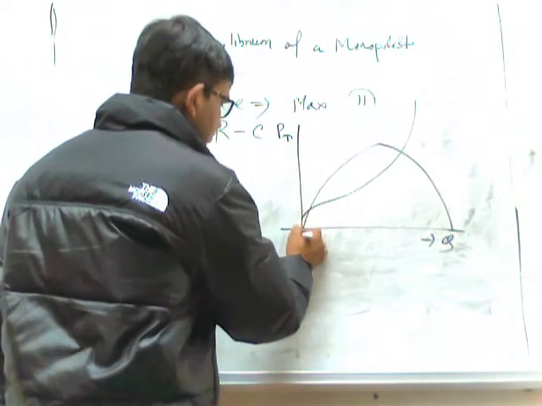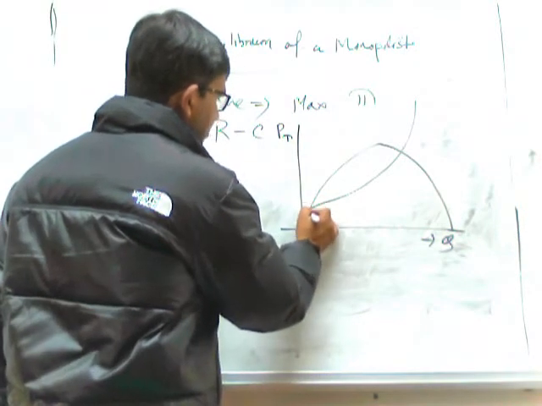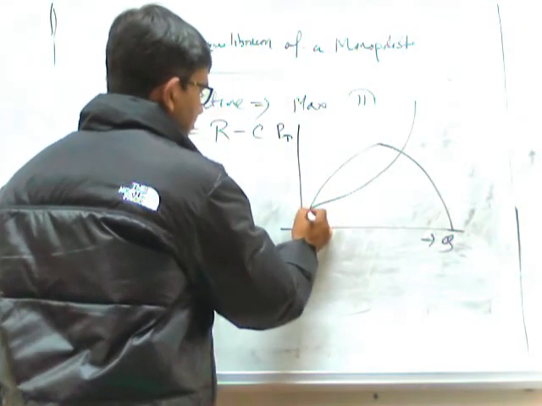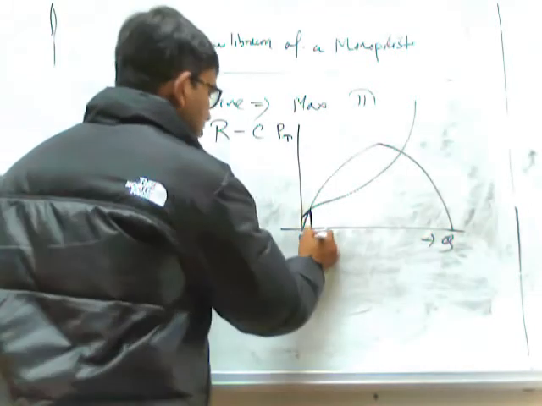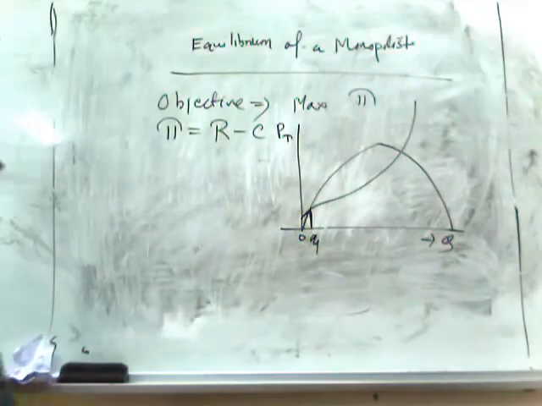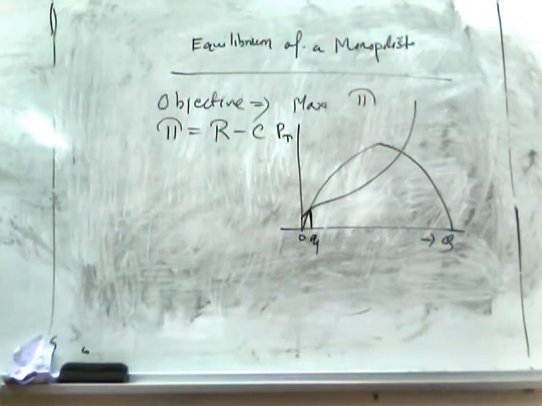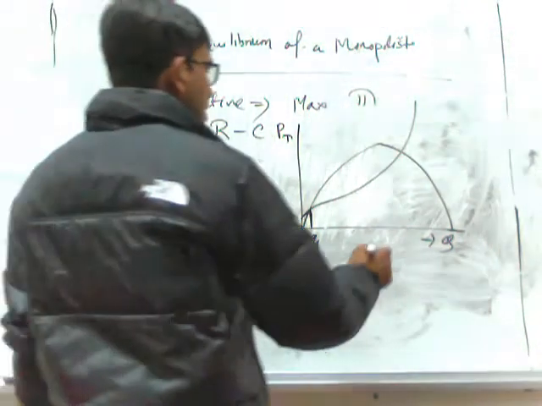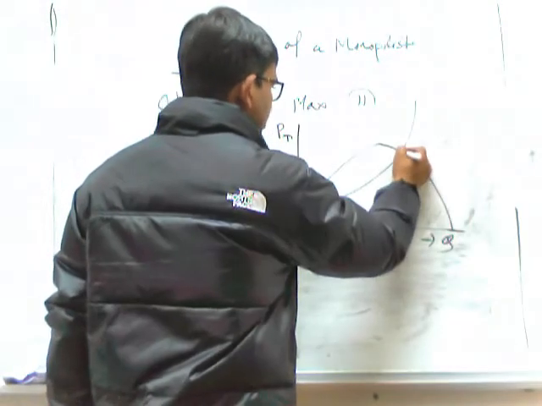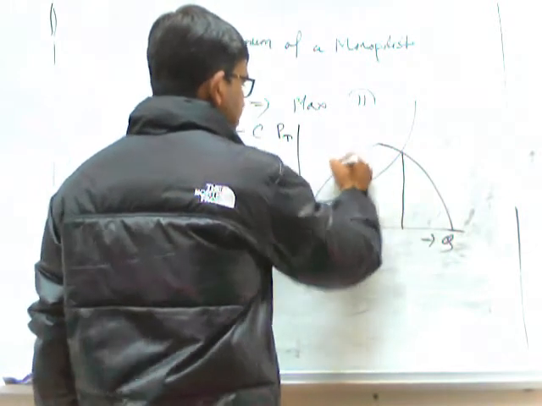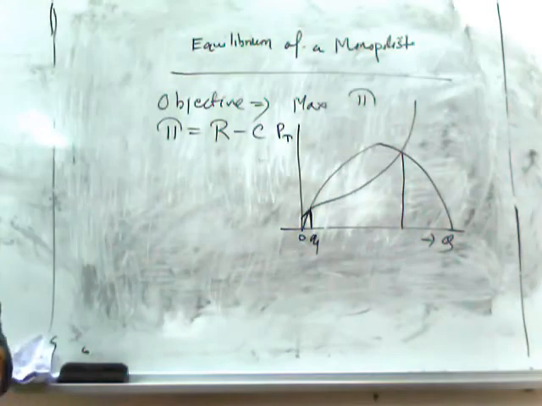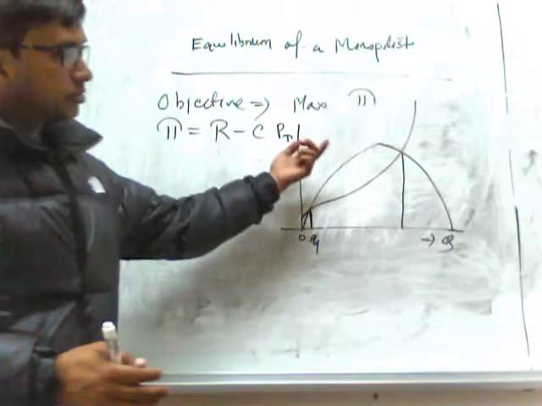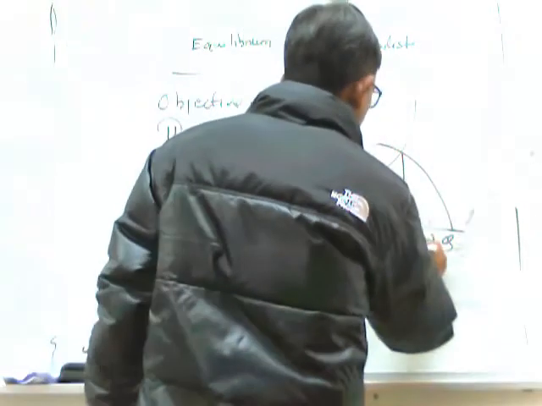So if we see, starting from the output, initially the revenue is less than the cost. So up to output level OQ1, the profit will be negative, and it will start to rise, because the total revenue is greater than total cost up to the level of output OQ2.